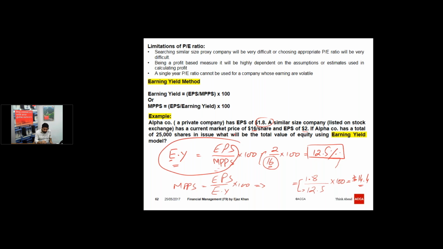We took the proxy company's share price and the proxy company's EPS to get its earning yield, and then we used this earning yield to calculate the market price of the private company. This time we have used the earning per share of the private company because now we are calculating the value of the private company.